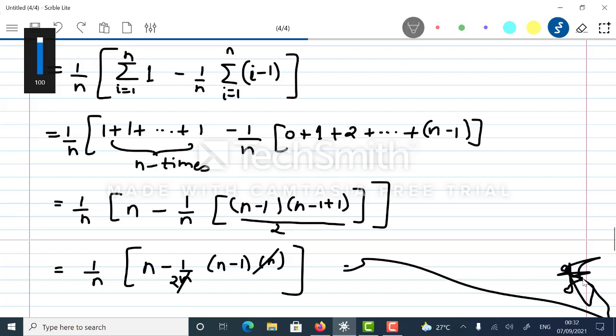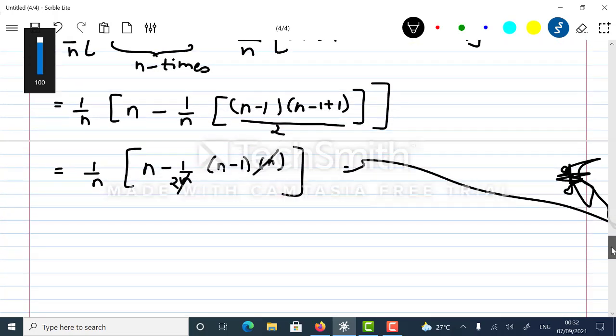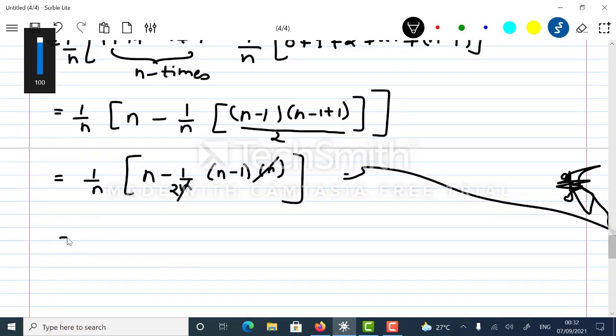Okay, so if I multiply this n inside, let me check what I'll get. So it is 1 minus 1 by 2n plus, yeah, 1 by 2 because n will get cancelled, minus plus 1 by 2n.